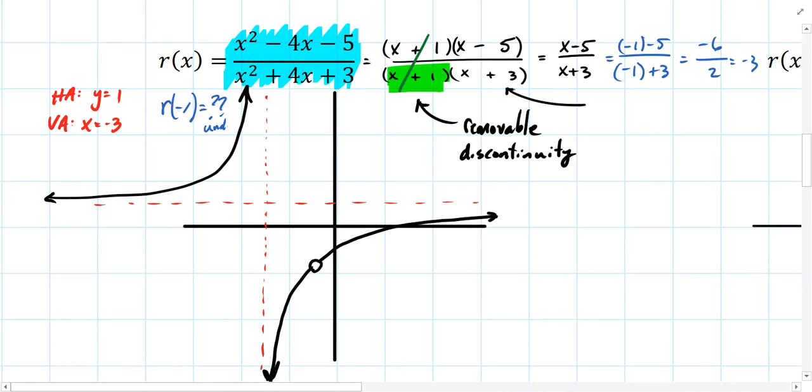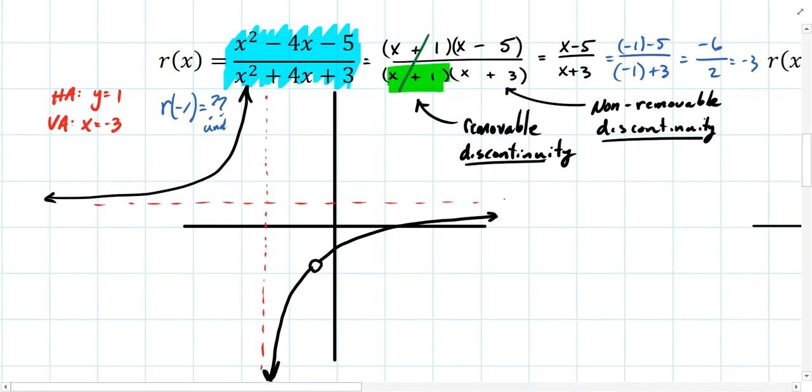This value here, which ended up creating our vertical asymptote, is what we would call a non-removable discontinuity. And hopefully you can see the similarities. In both cases, we call these a discontinuity because the graph breaks.